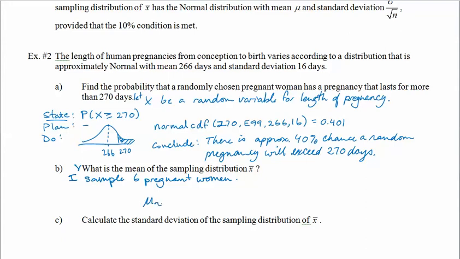So the mean of our sampling distribution X bar is going to be, and you should already have guessed this, 266 days, because X bar is an unbiased estimator of the population mean.